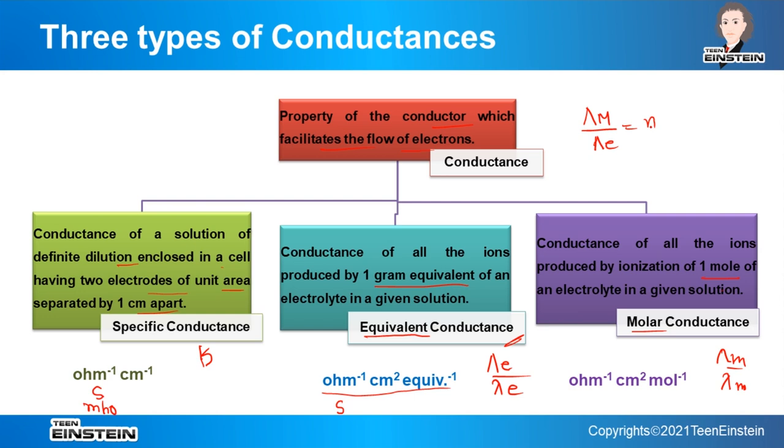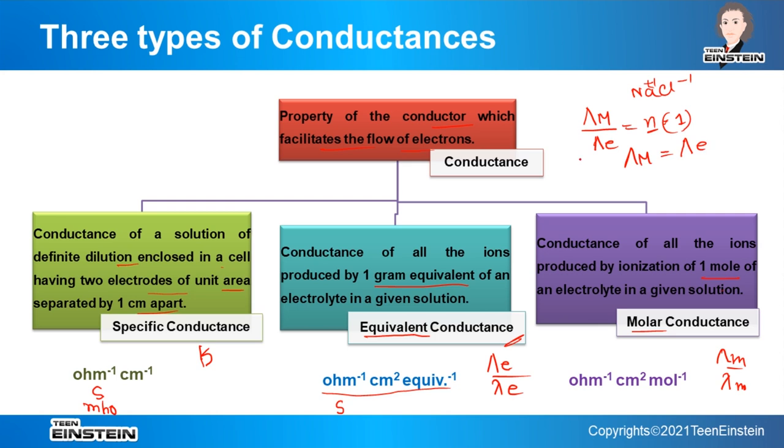But suppose it is 1, for example for NaCl, because total positive charge is +1 and total negative charge is -1, or KCl or KOH, K plus and OH minus, all have a single positive charge and single negative charge. In that case, basically these two will be the same.